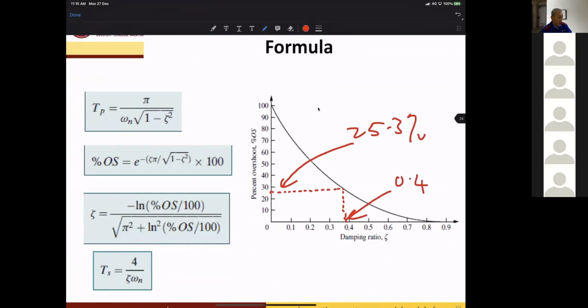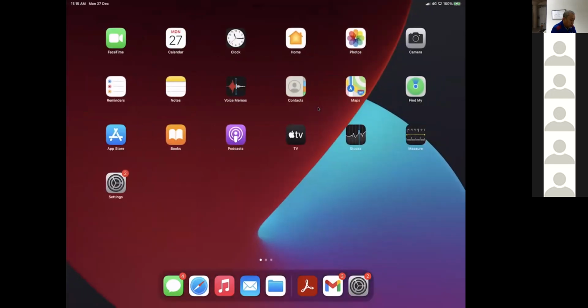Or you can use this formula, which is here.